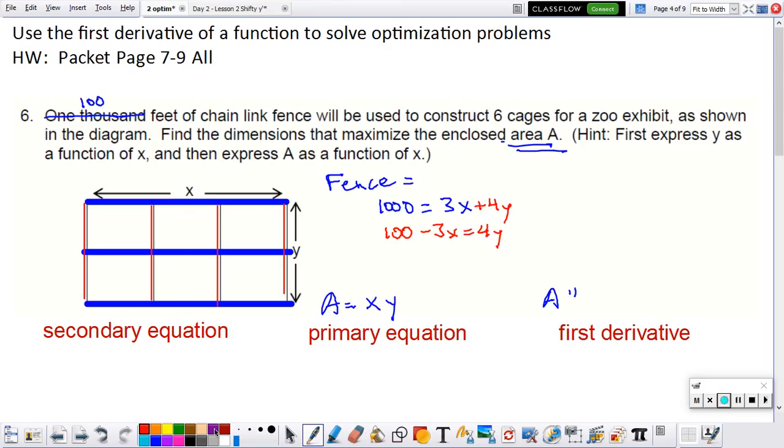and then divide by 4, we get 250 minus 0.75x equals y. So that's kind of like our secondary equation.